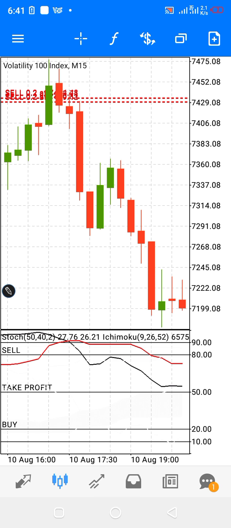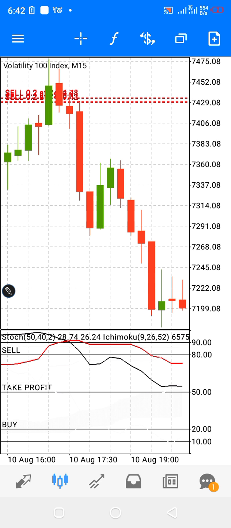But if you enter like that, and the candle goes up against your trade, it doesn't mean the indicator is wrong. If you wait, you will see that it will come down.